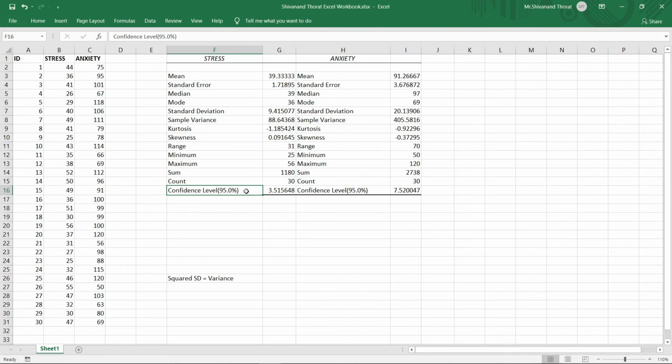In simple words, if you add confidence interval value in mean and subtract confidence interval value from the mean, you get an interval.